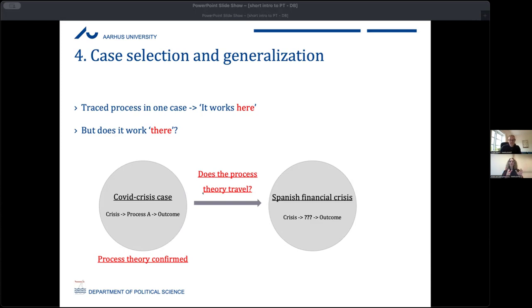Process tracing is a within case method. It wants to study what happens in that case. Now, they're adjacent. They're both case-based. We are definitely making the argument that they're complementary, but they're only complementary if you make sure that the ontological and epistemological assumptions that go into your process tracing align with the basic logic of QCA. And so not every understanding of process tracing can be easily understood within a QCA design.